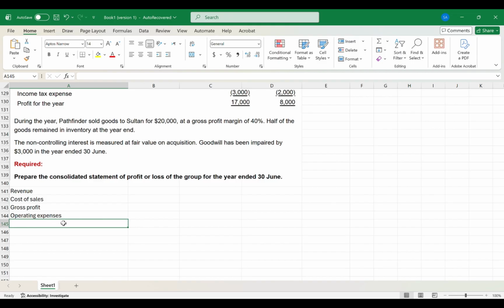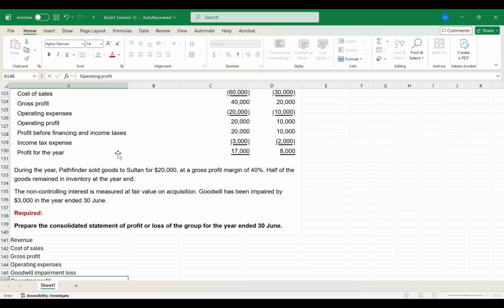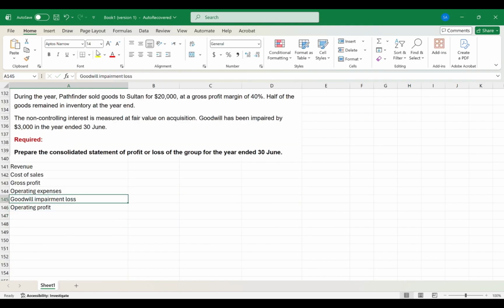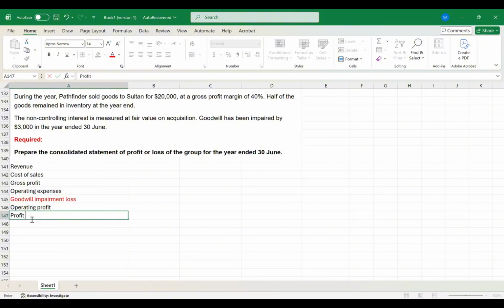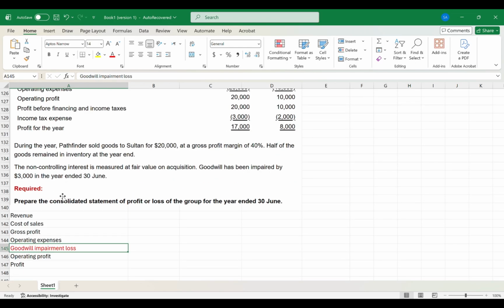That is under operating expenses. You have to clearly mention it is not there in the original profit and loss. Then we have operating profit. Then we have profit before financing and income taxes. The reason why I highlighted it in red is because it's a new thing added here. We'll not see it here.